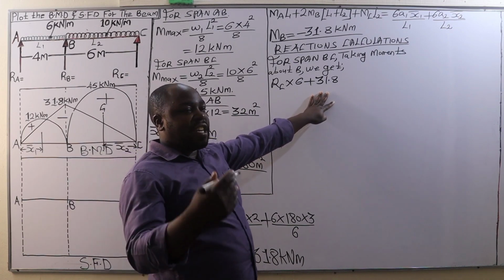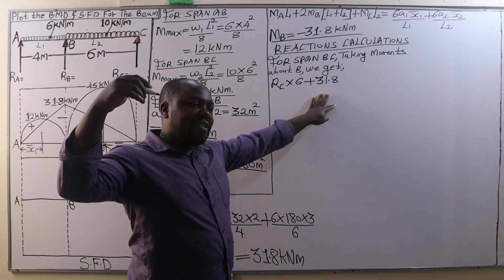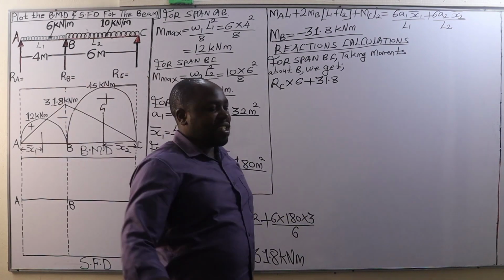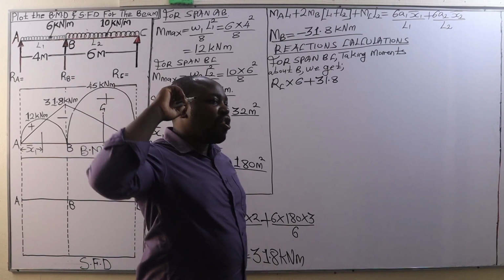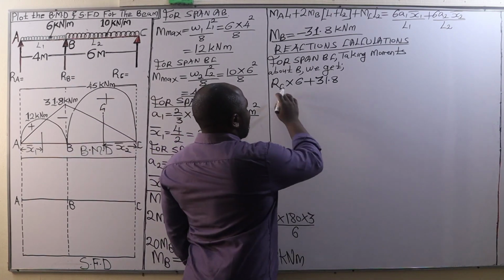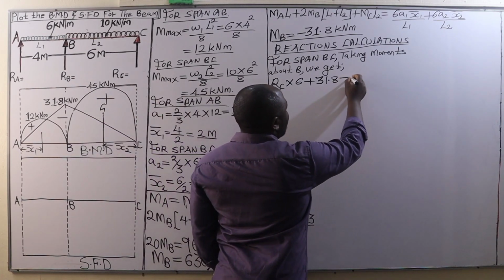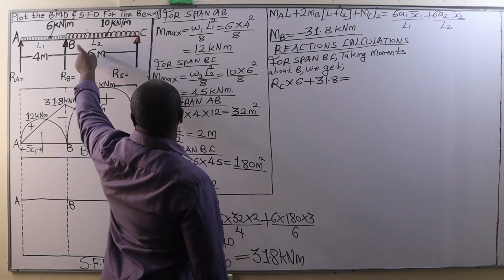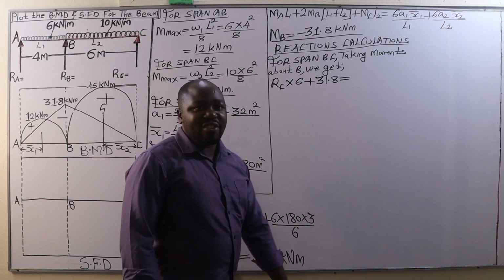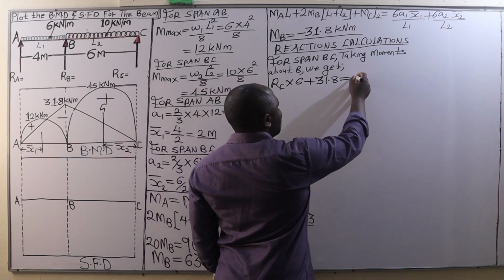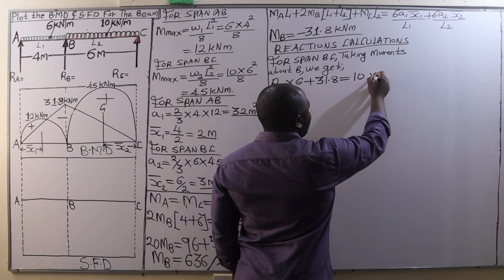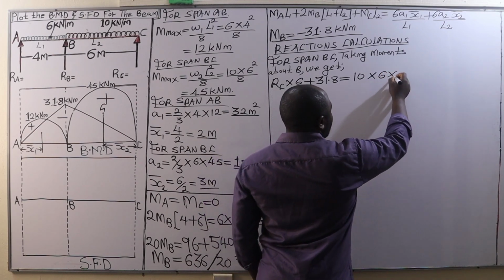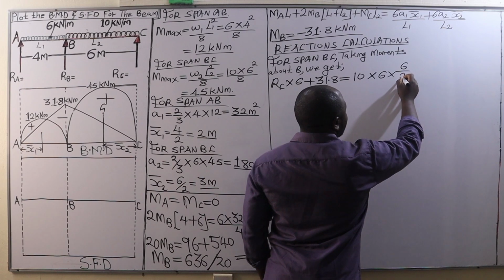We know that the sum of anti-clockwise moments is always equal to the sum of clockwise moments, and therefore these anti-clockwise moments are going to be equal to this clockwise moment. Between span B to C, we have a UDL of 10 kilonewton per meter, so we have 10 times the span over which it is distributed, which is 6, times half of that span.